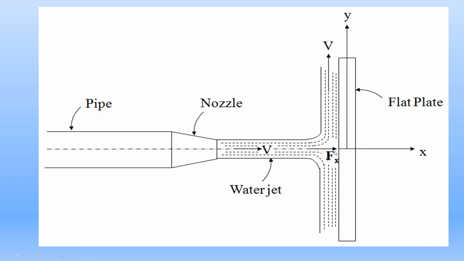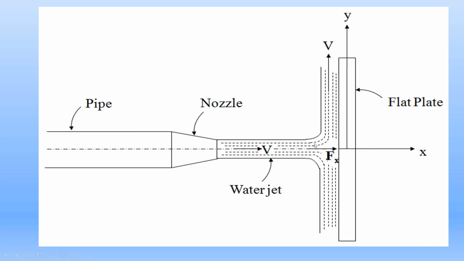We assume the surface of the metal plate is smooth. So due to this impact, when the water jet impacts this metal plate, we assume there is no loss of energy, because the surface of the metal plate is smooth.